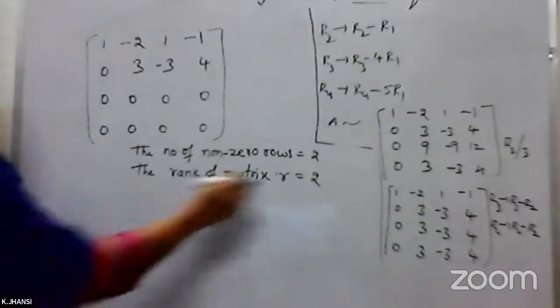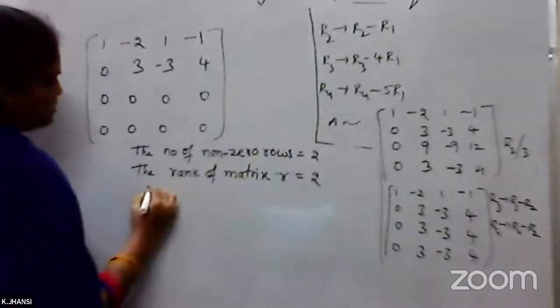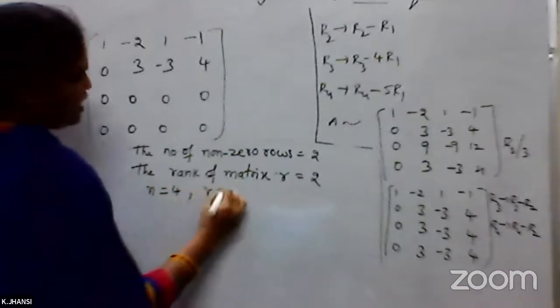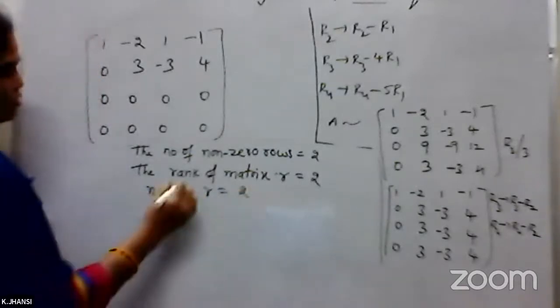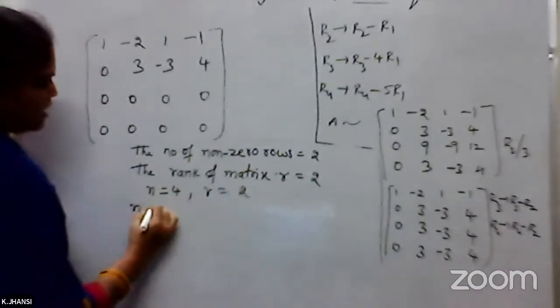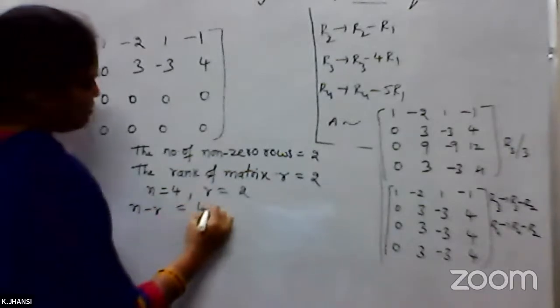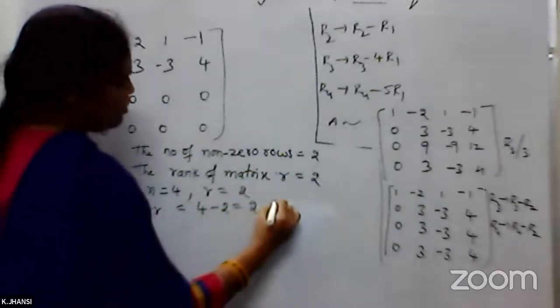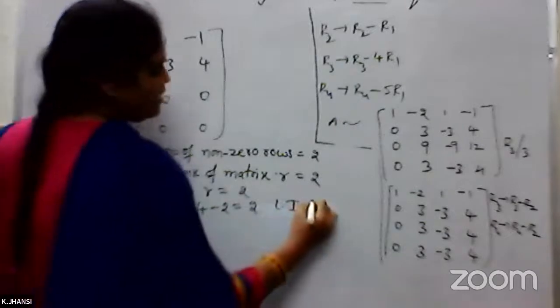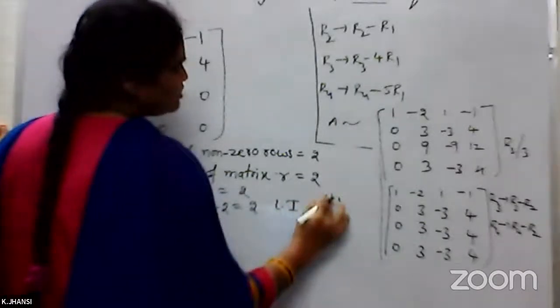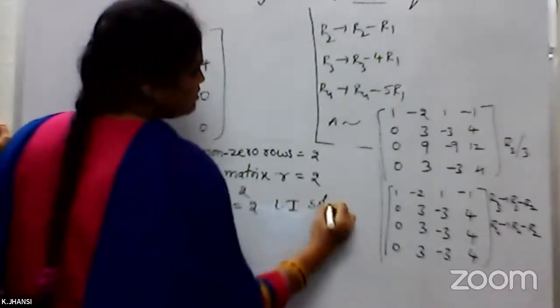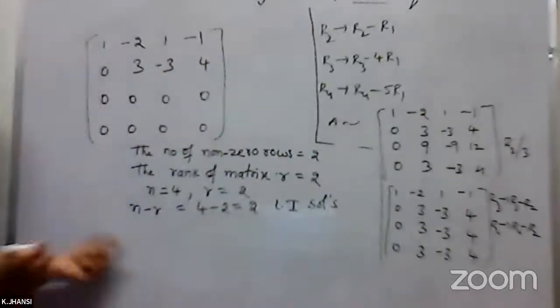So here we know n equals 4 and r equals 2. Then n minus r equals 4 minus 2 equals 2 linearly independent solutions. Okay, we will get two linearly independent solutions.